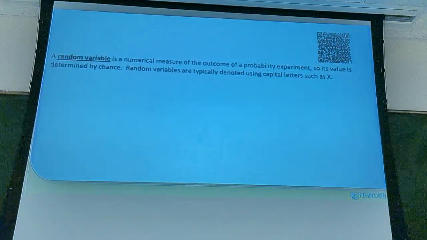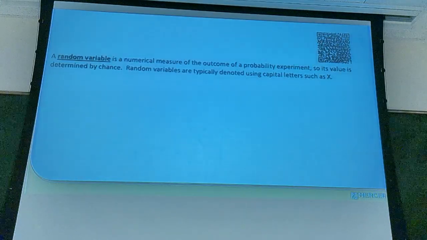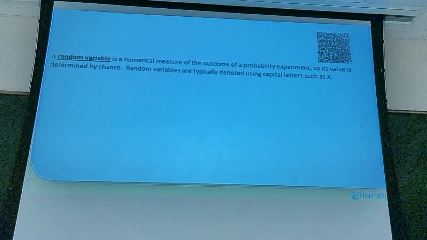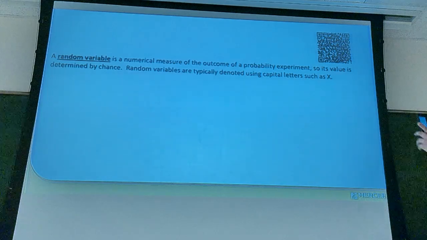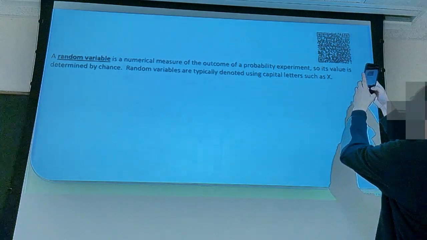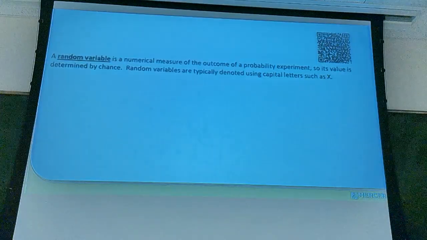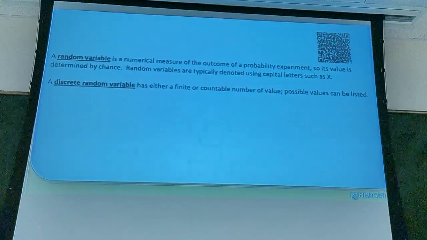There are two types of random variables. If you notice, a random variable is always going to be quantitative. What are the two types of quantitative variables? You have discrete random variables and continuous random variables, the same as with discrete quant versus continuous quant.